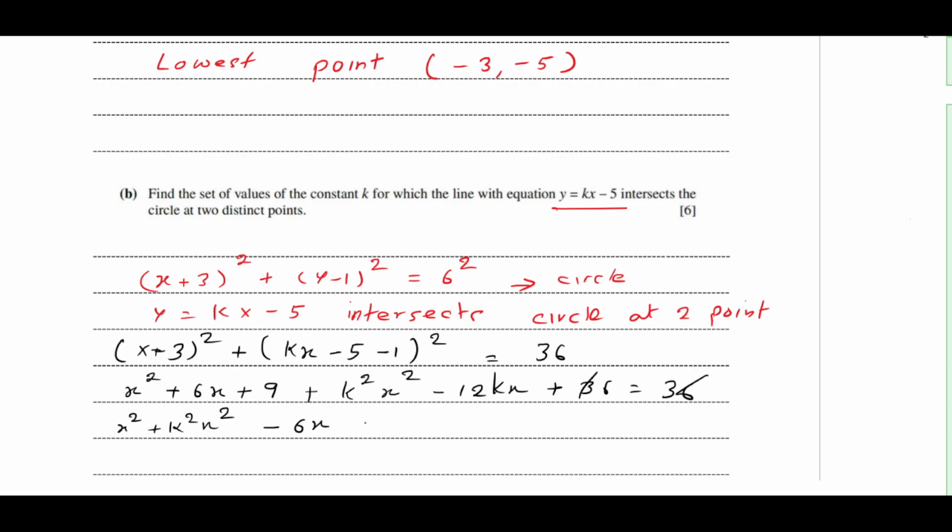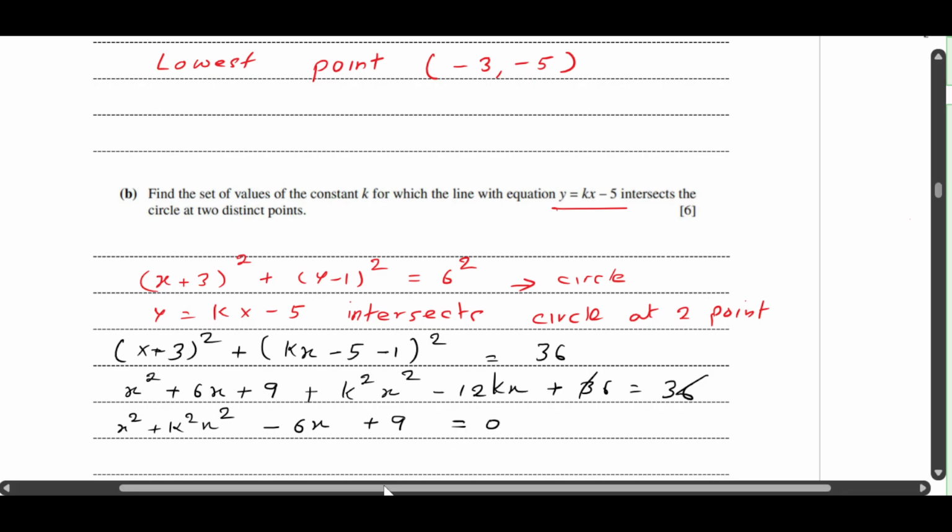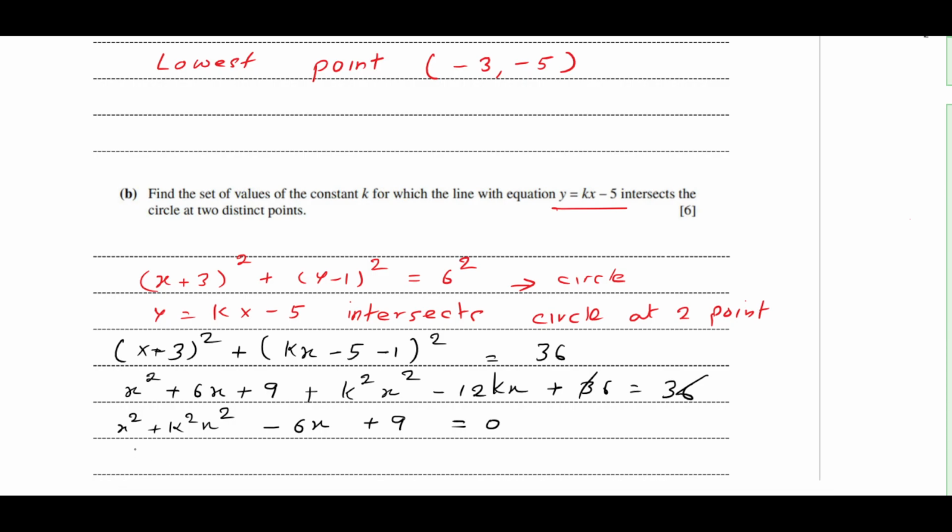So this is k square plus 1 times x square minus 6x plus 9 is equal to 0.